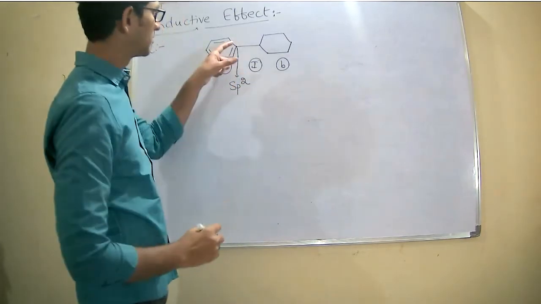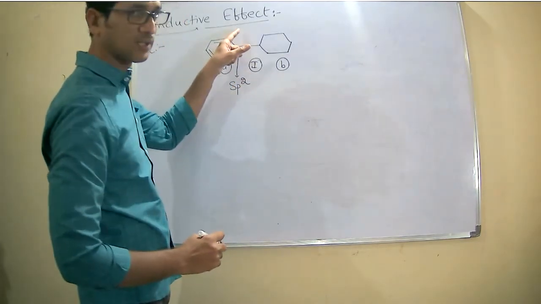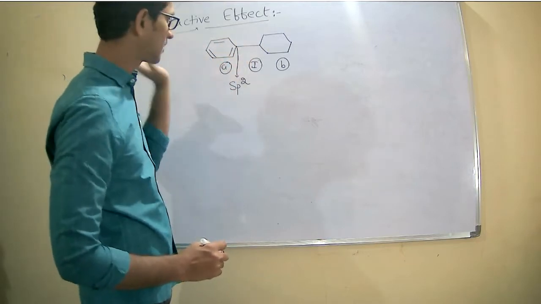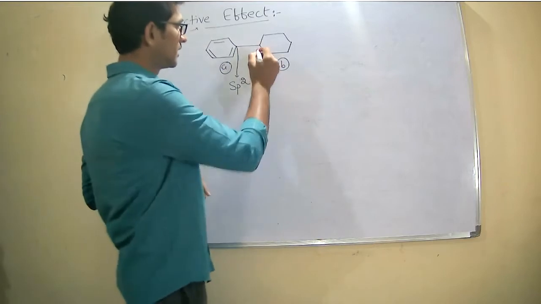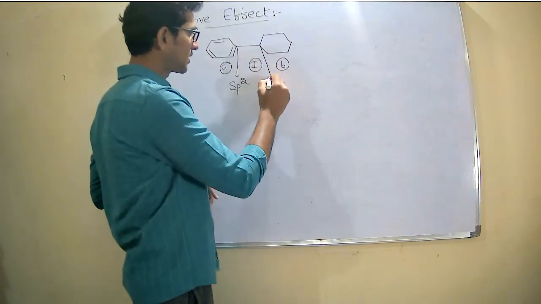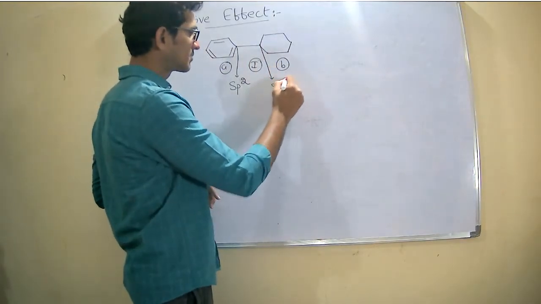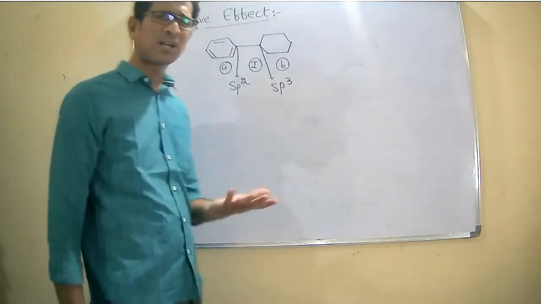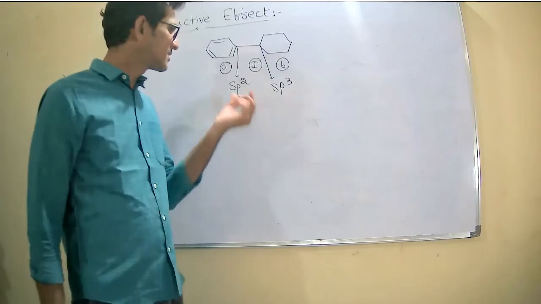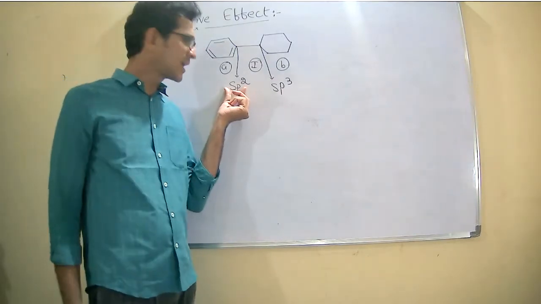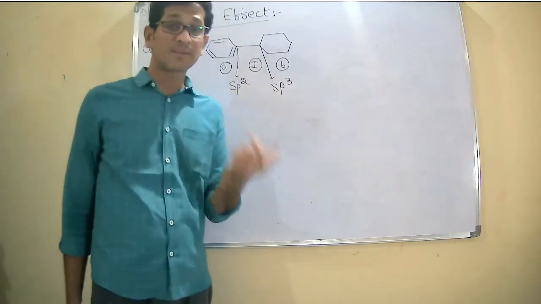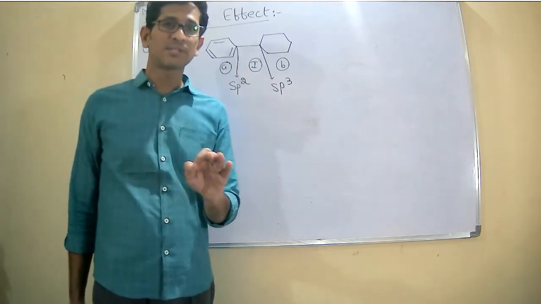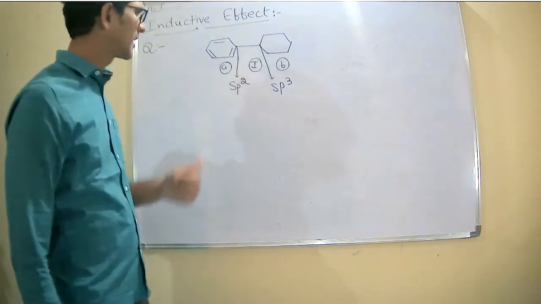Each carbon of this part A is sp2, whereas each carbon of part B is sp3 hybridized. But this is not my answer. I did not ask about the hybridization. What I asked is which is the plus inductive effect and which is the minus inductive effect.